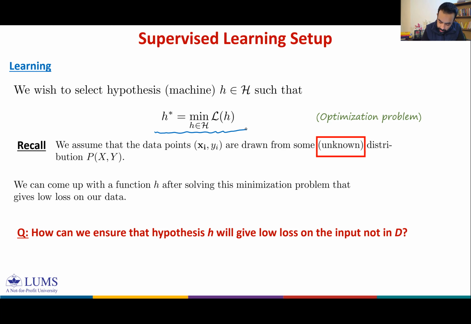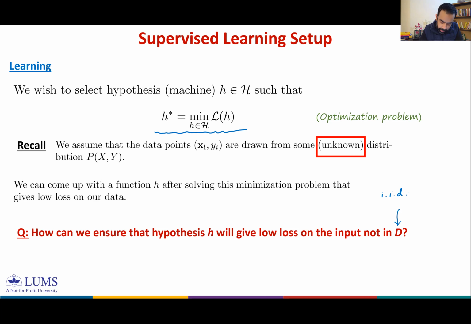If your D is an IID, identically and independently distributed representation of a distribution, if it's a true representation of the distribution, then we can claim that this hypothesis will give low loss on every point from the distribution, right?